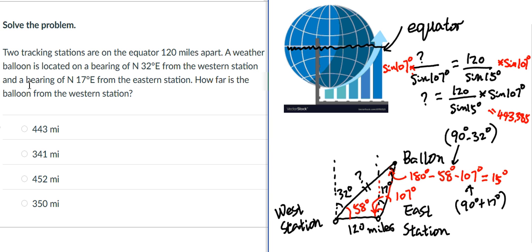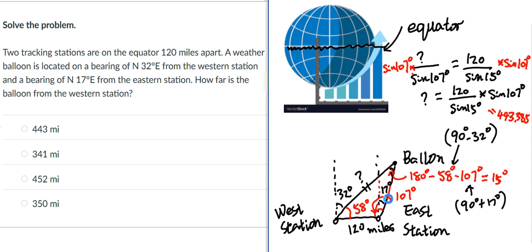Okay, and here is a bearing of north 17 degrees east from the eastern station. So here is the eastern station, and this balloon is located on a bearing of north 17 degrees east from the eastern station. So this is 17 degrees.